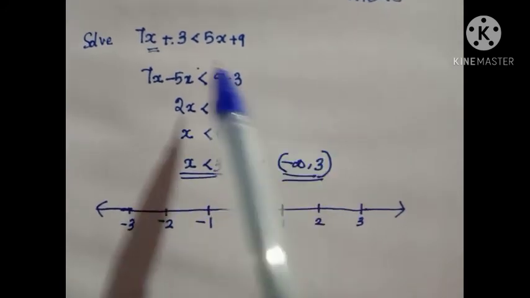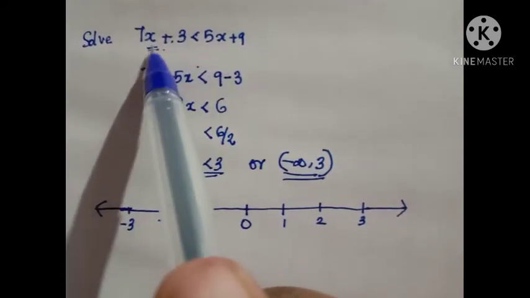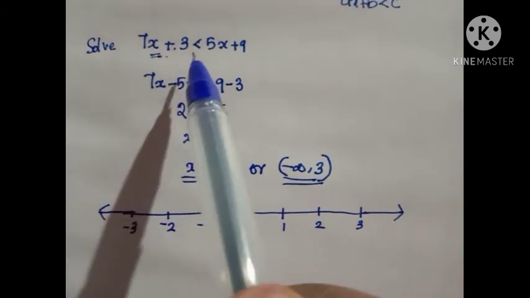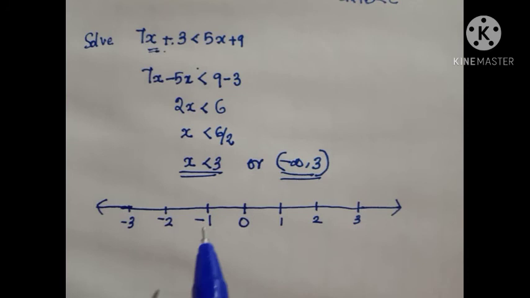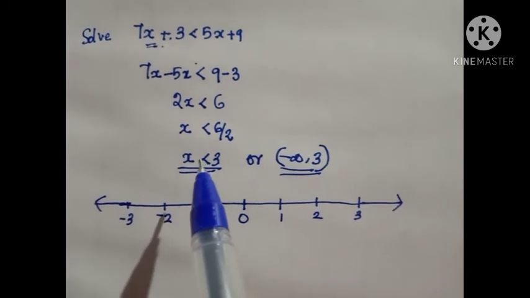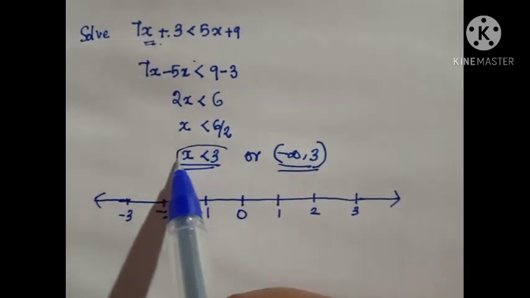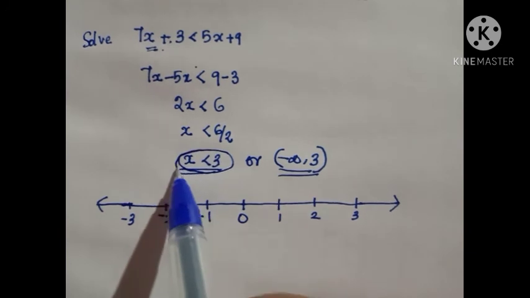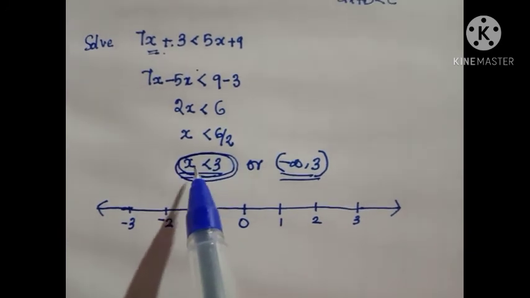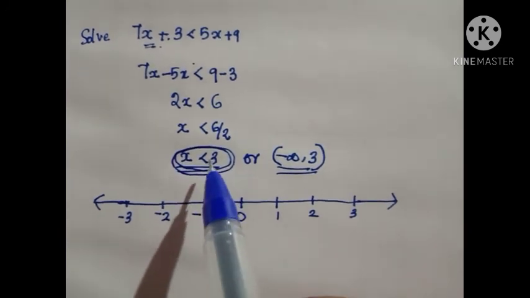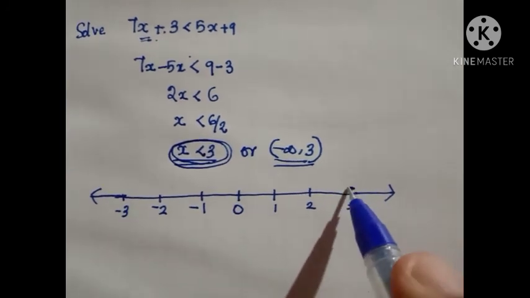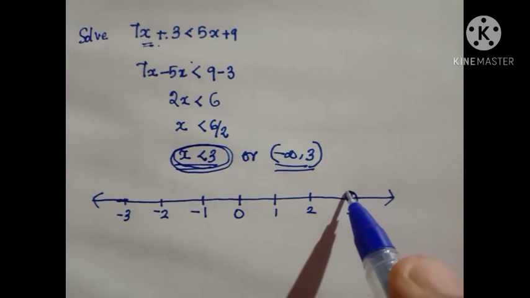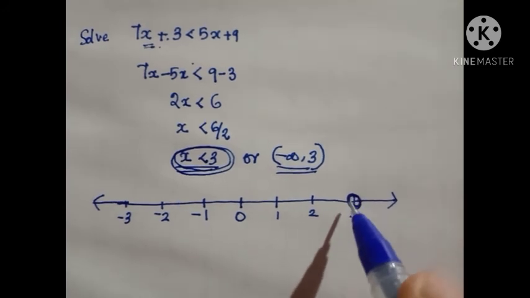Listen, it is a linear inequality in one variable, so definitely its graphical representation is on the real line. So we need to mark these solutions on the number line. Here the solutions are all the numbers less than 3. So it is 3, excluding 3.